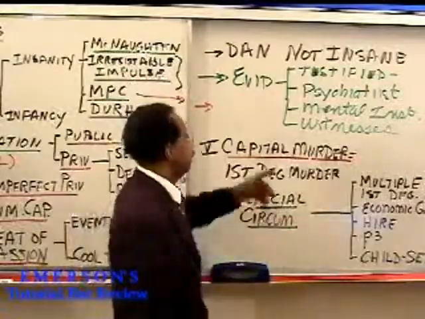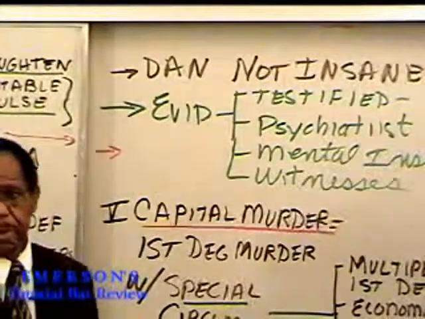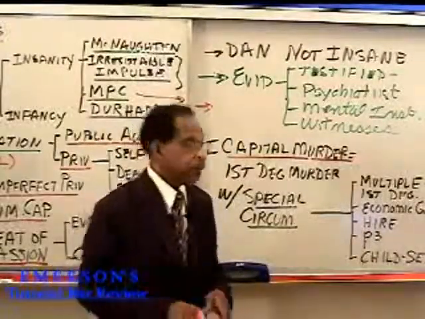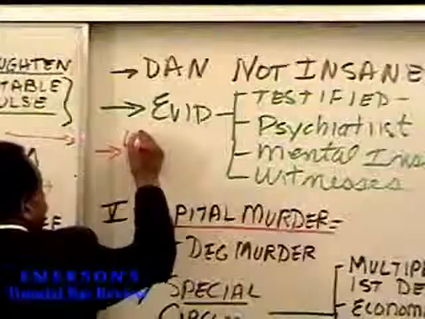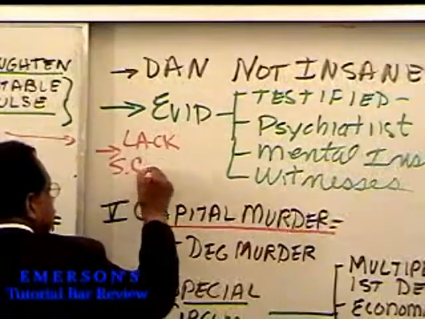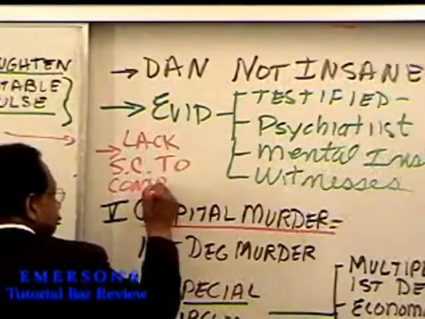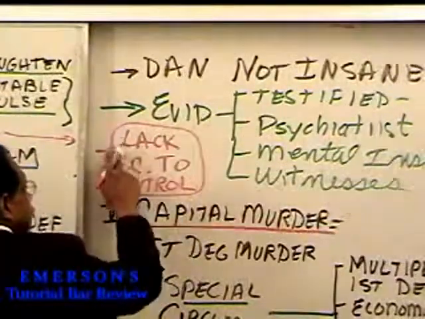Okay, under irresistible impulse, he's unable to control. Here, he lacks substantial capacity to control. So under the Model Penal Code, he just needs to lack substantial capacity to control conduct. And he might be able to prove that. But that's the standard.